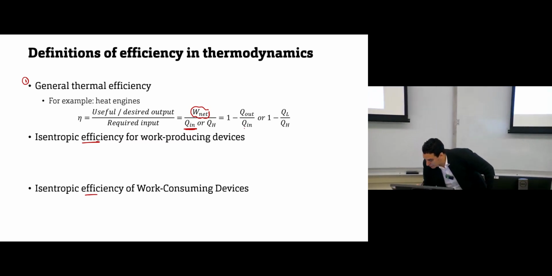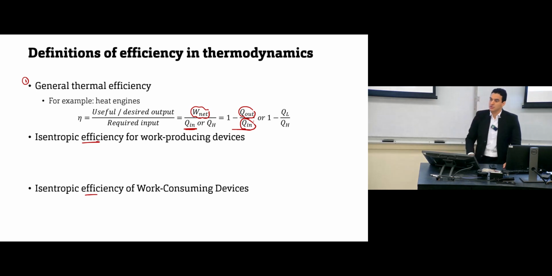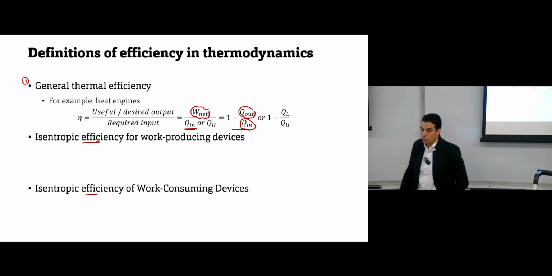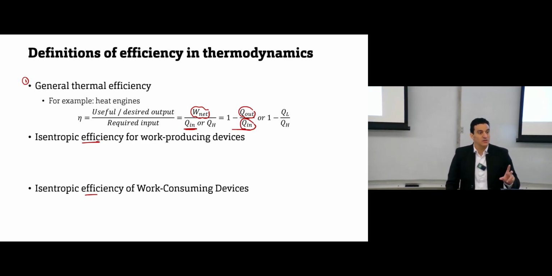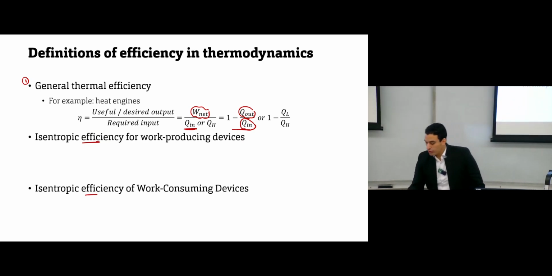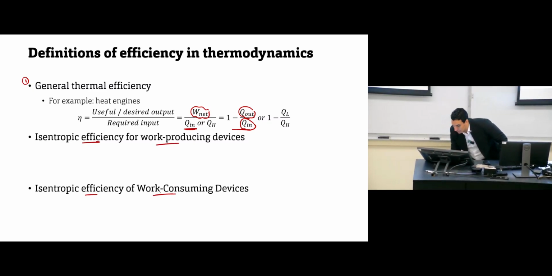Or it can be rewritten as 1 minus Q released at the low temperature reservoir divided by Q added at the high temperature reservoir. So any of these forms of the equation you can use to calculate what is called the thermal efficiency of a heat engine. But then we said we have other work producing devices or work consuming devices.